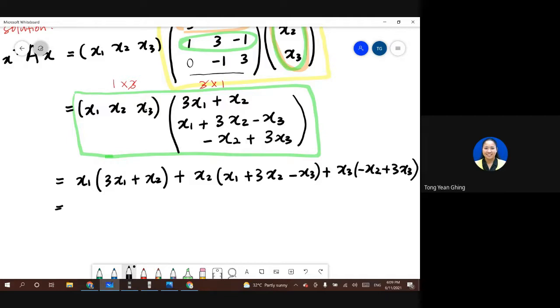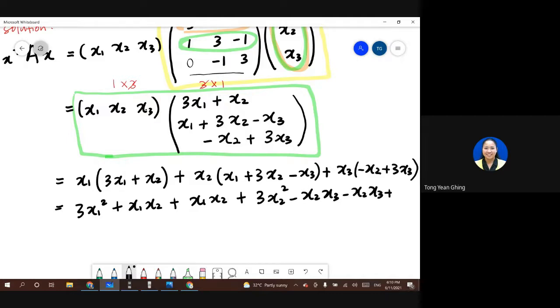And then 3x1 square plus this x1, x2 plus x1, x2 plus, let's expand it, 3x2 square minus x2, x3 minus x2, x3 plus 3x3 square. Okay.